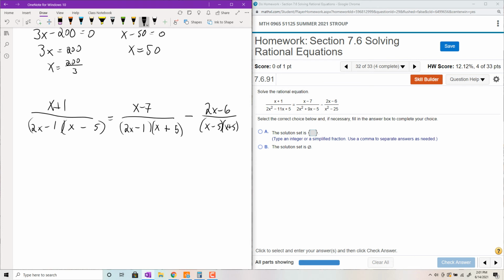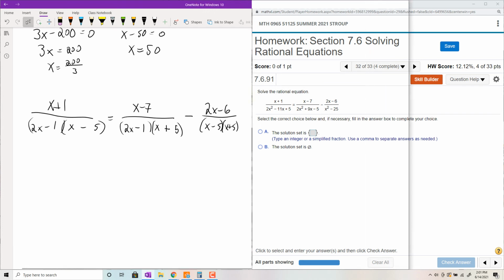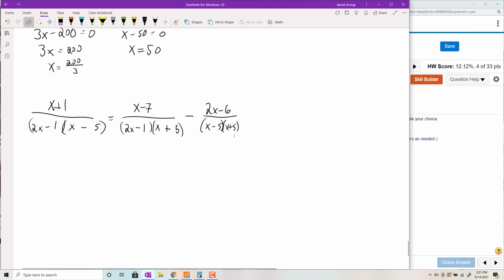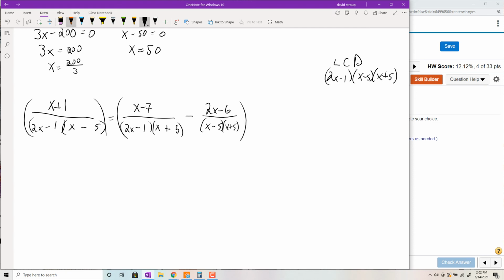Okay, so first off, thinking of the least common denominator here, the LCD to the top right of my screen. You need a 2x minus 1, an x minus 5, and an x plus 5. If you allow me to, I'm going to smush that material in rather than rewriting everything. So I need a 2x minus 1, an x minus 5, and an x plus 5 on both sides.